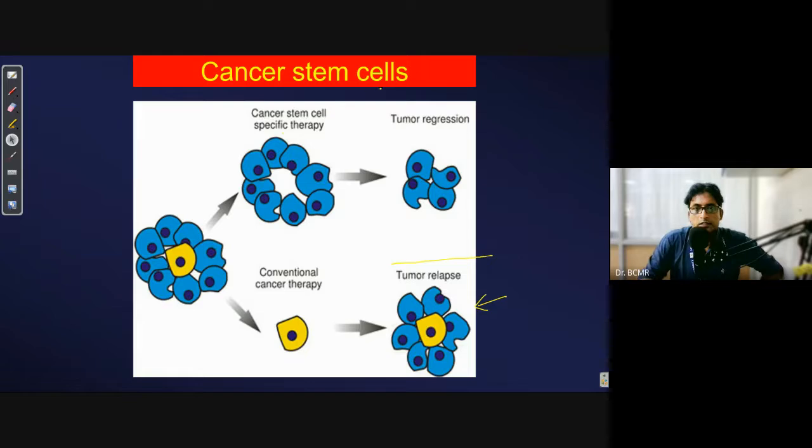In that case, we have to somehow kill these cancer stem cells, because the rest of the cells cannot keep on growing by themselves, and they will die eventually. So targeting cancer stem cells is the central idea to eliminate cancers completely.